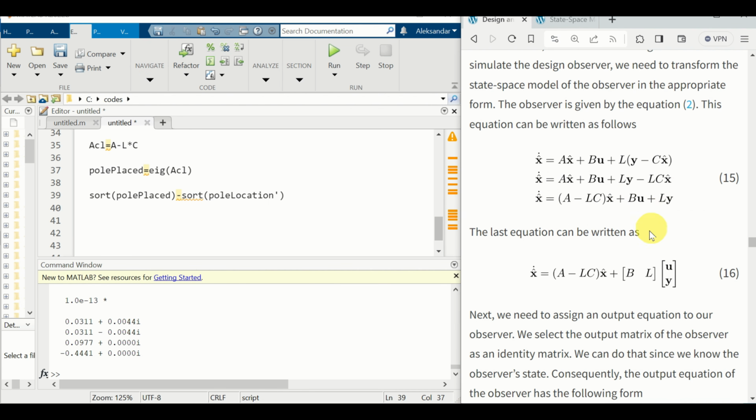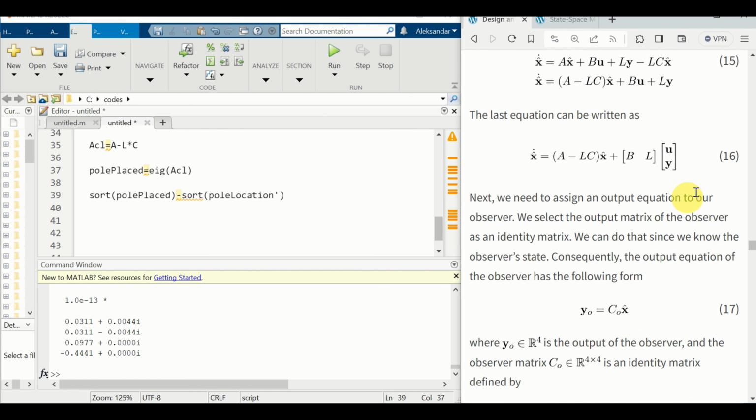These two terms can be written together like this, and we can actually define a new matrix, B and L, this is a block matrix, and we define a new vector, u and y. Now, this is a new state space model where the input of this new state space model is this vector u and y.